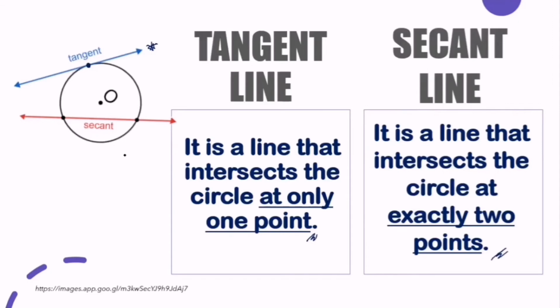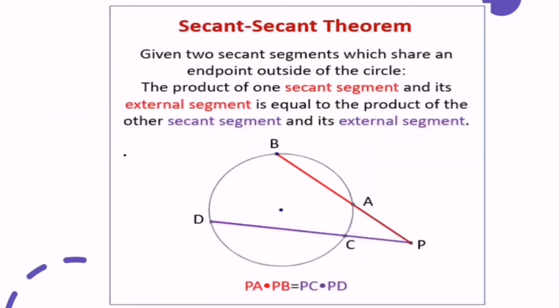Okay? I hope that's clear because we need to identify the difference of a tangent and a secant line for us to solve the next problems. So we have here now the secant-secant theorem. It says here that given two secant segments which share an endpoint outside the circle, ano daw yung endpoint outside the circle? Ito po yun, si point P. So this is your external point.